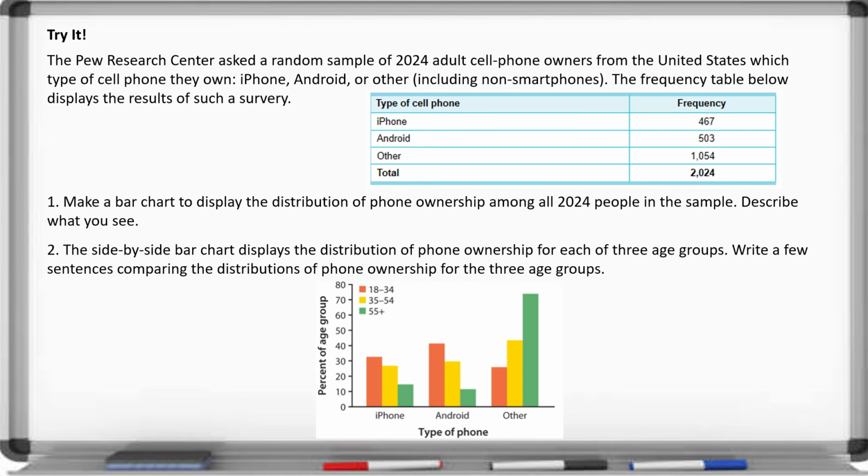So these are probably the brick phones or the flip phones that maybe older adults may have. The frequency table below shows the results of the survey. We want to make a bar graph to display the distribution of phone owners and then describe what we see. And then we want to compare the graphs and make statements about them.